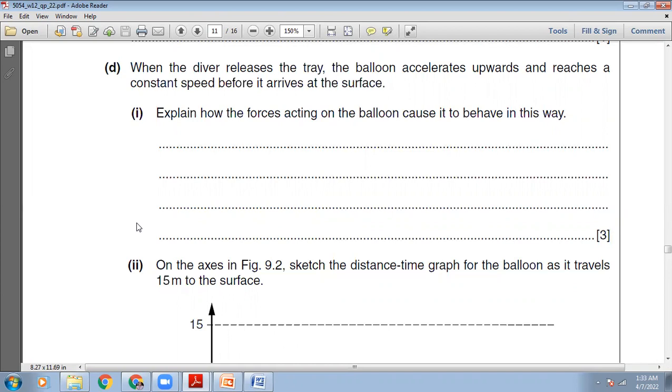The weight of the balloon is acting downward, and another force in the downward direction will be the drag of the water, the friction of the water, because the balloon is moving upward. So the drag is opposite to the direction of the motion. The balloon is coming upward, so the direction of the drag will be downward. So at the start, the balloon is not moving with a very large speed. So what will happen?